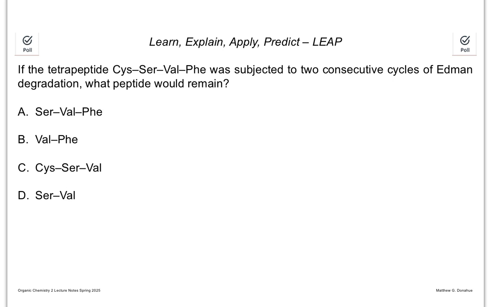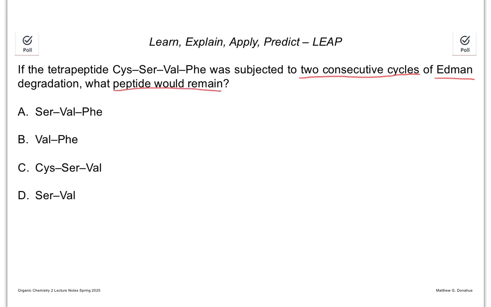So as a practice, if you consider the tetrapeptide Cys-Ser-Val-Phe, if that was subjected to 2 consecutive cycles now of the Edman degradation, what peptide would remain?